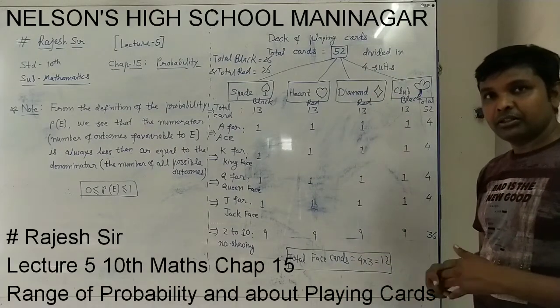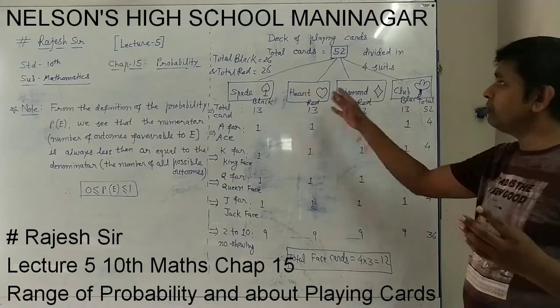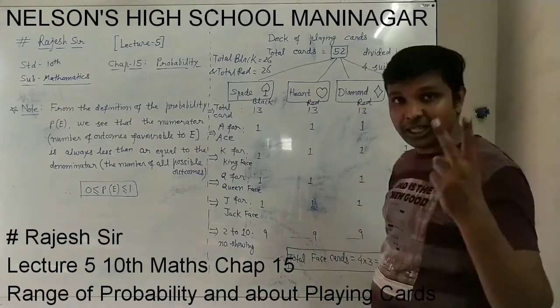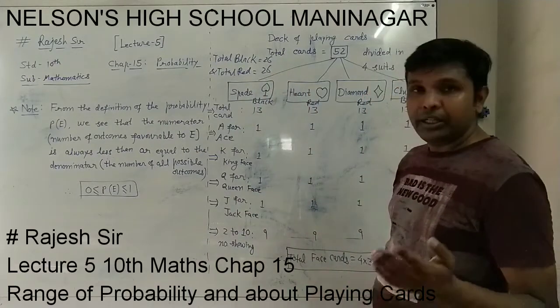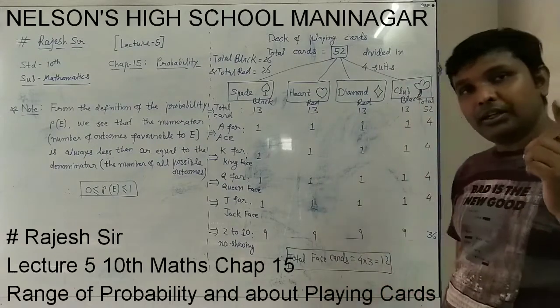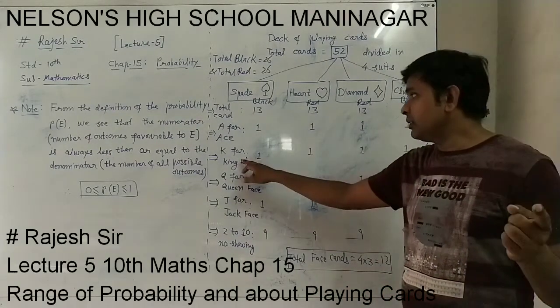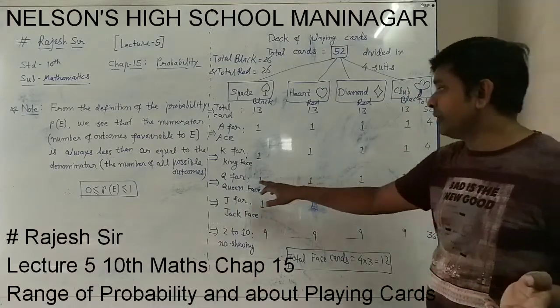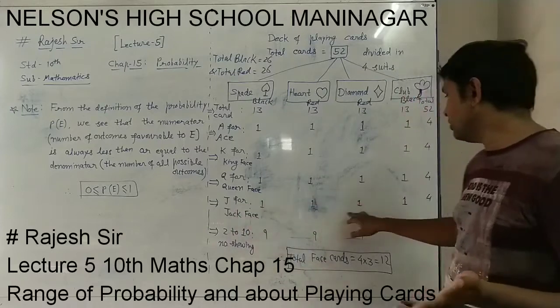52 cards divided in 4 suits of these shapes and names, divided in 2 colors, black and red, 26, 26. In each suit you will find 1 ace, so total 4 aces, 1 K, so total 4 K. In each you will find Q, so total 4 Q. In each you will find J, so total 4.